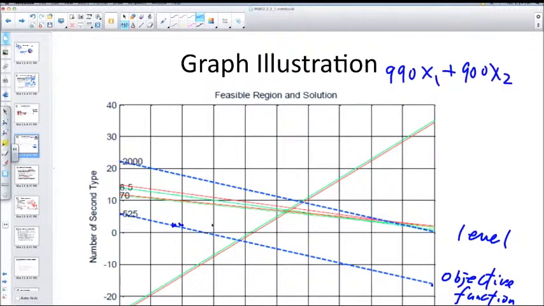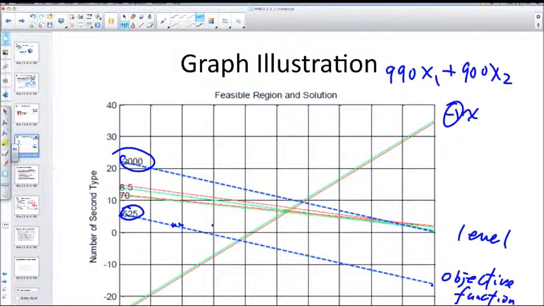You remember then the slope is around -1, and that's the blue line. If you move this blue line parallelly, that gives you the level. For example, in the first blue line, you get 525. In the second blue line, you get 2000.